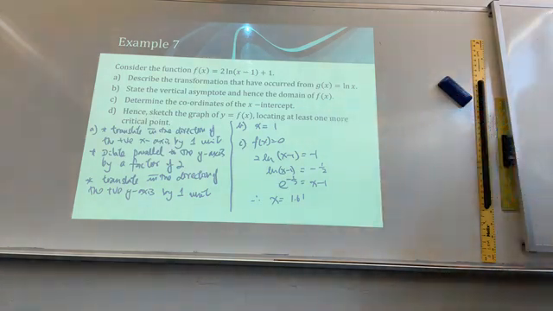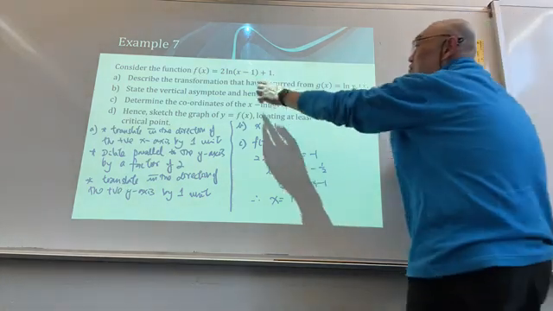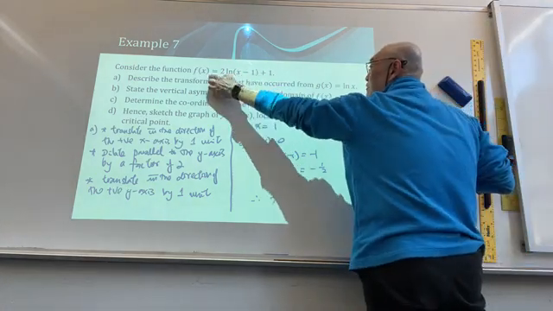Then you are asked to locate at least one extra point when you draw it. What other point can you locate? When x equals 2, because then ln will be 0. Very good. So when x equals 2, ln equals 0. So therefore that's 1.